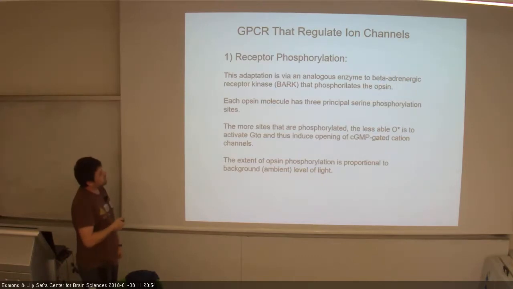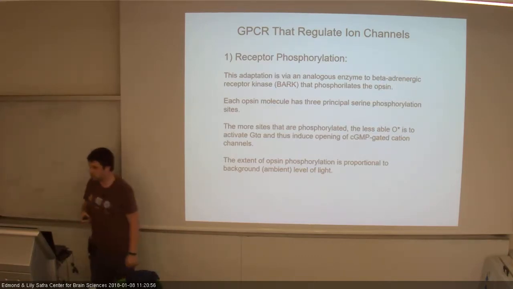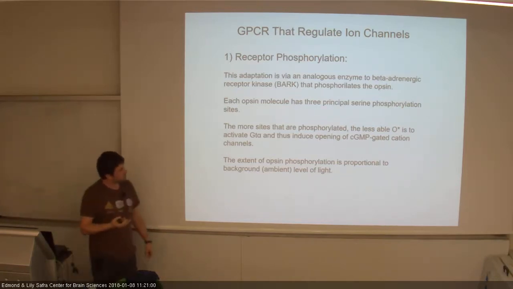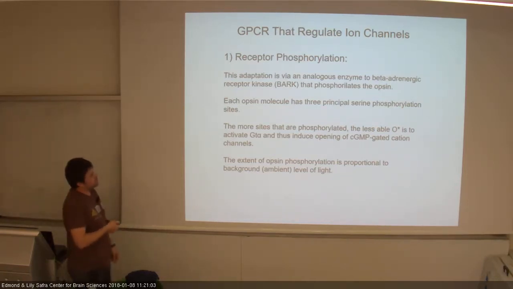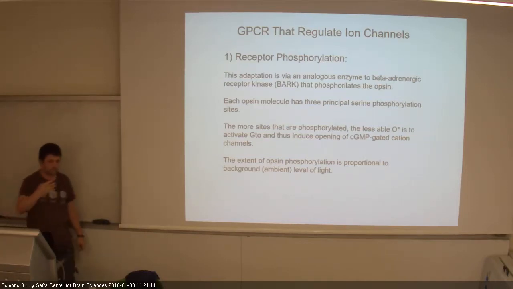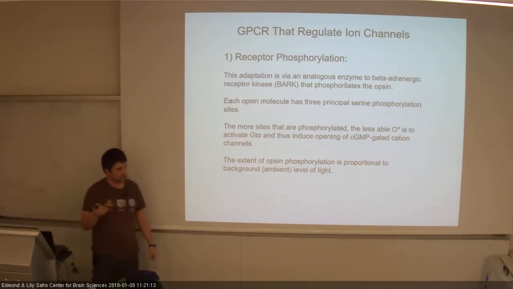Each opsin has 3 principal serine phosphorylation sites, and the more sites that are phosphorylated, the less able the activated opsin is to activate the G-alpha, and thus it becomes less sensitive to light, in essence.